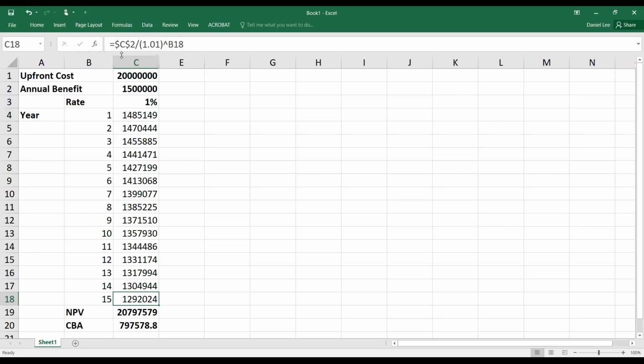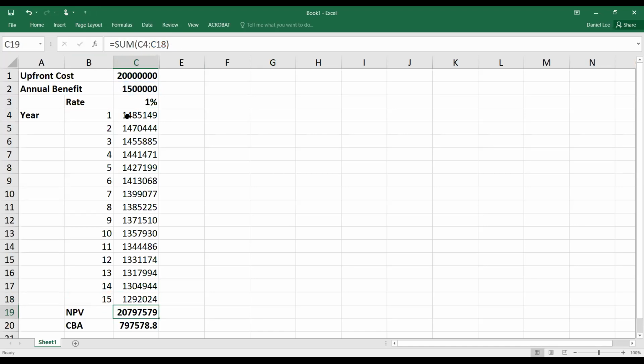Down here, I have our annual benefit. For those of you who aren't comfortable with spreadsheet programs, these dollar signs just mean it's a stable reference, so it's always going to be whatever I put in this cell. Discounted by our rate, 1%, for the 15th year of the benefit.